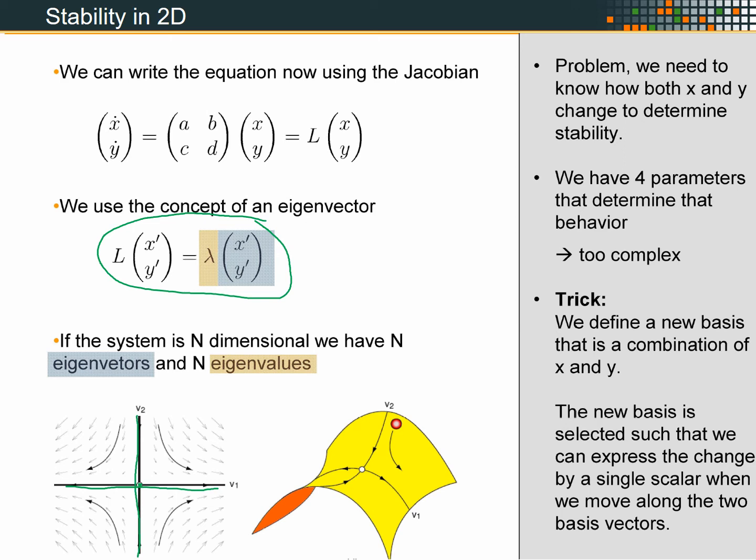And we will find that there are principal directions in which we are repelled and principal directions in which we are attracted.